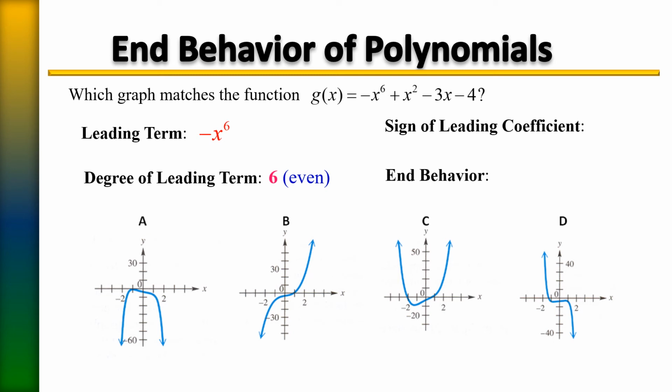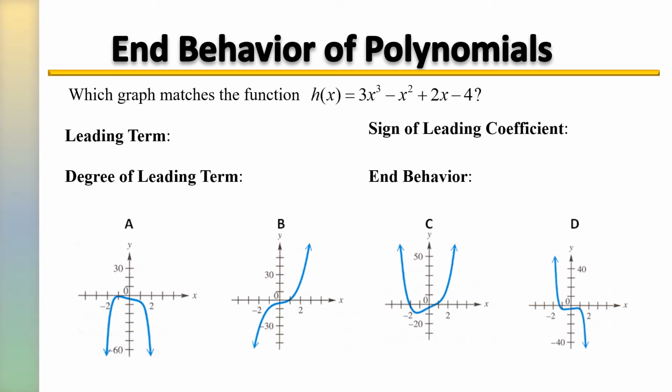That's going to depend on the sign of the leading coefficient. And what is the sign of the leading coefficient? As you can see, the sign is negative, which means that this graph is going to be falling downward or facing downward, which means that is choice A.